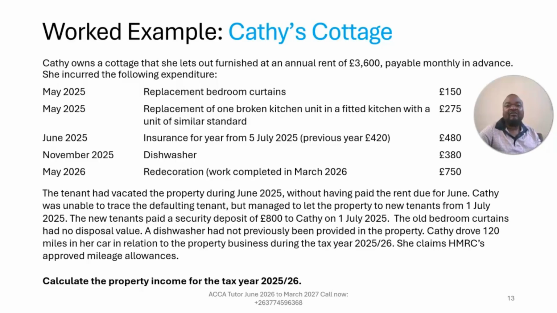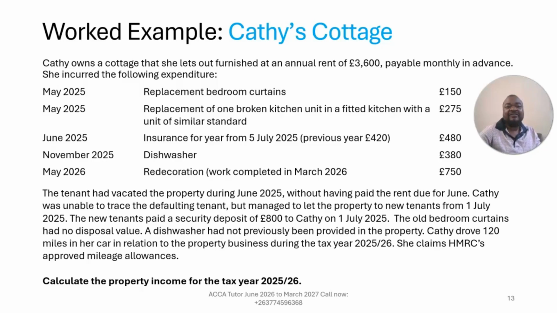Insurance for the year from 5 July. The previous year amount was £420, but this year was £480. In November 2025, there was a dishwasher, which was £380. And in May 2026, some redecoration work completed in March, but obviously paid in May 2026, £750.